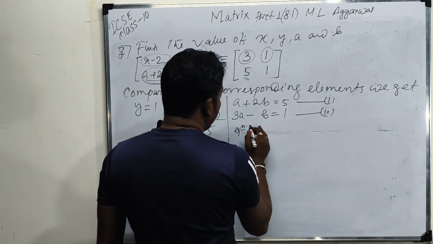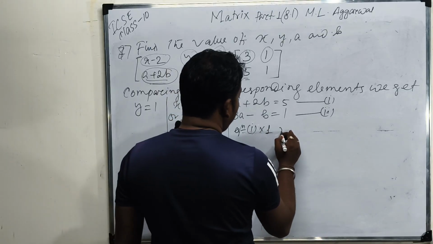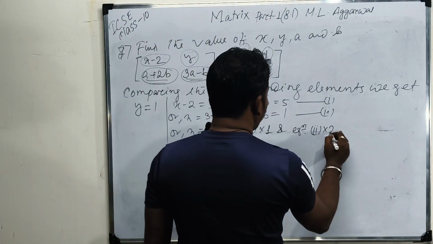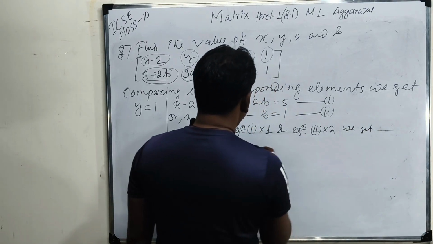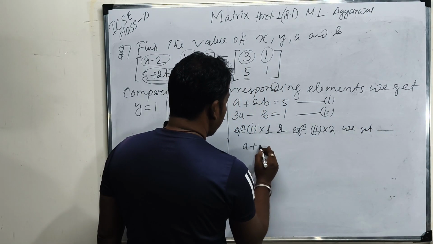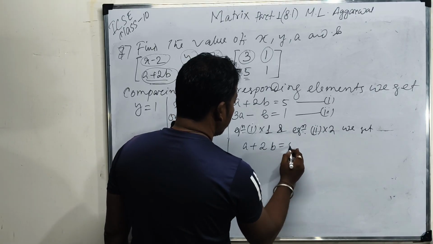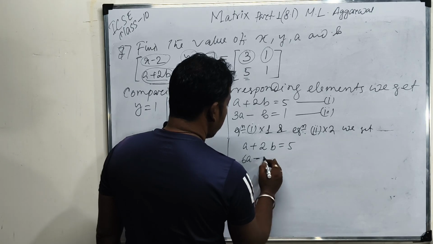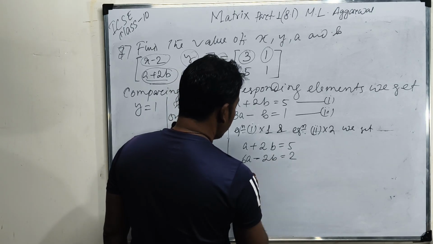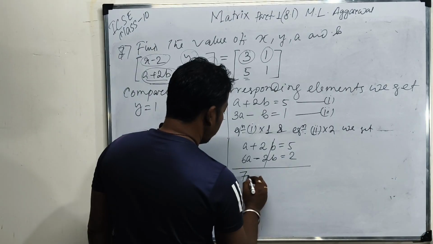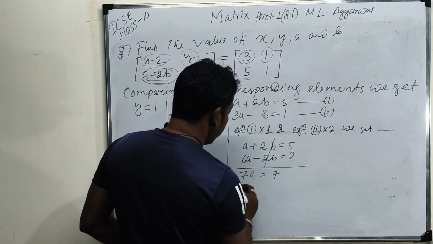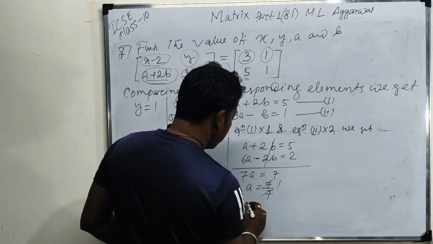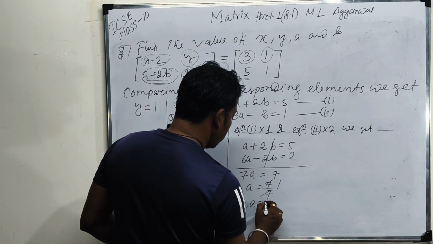Now equation 1 multiplied by 1 and equation 2 multiplied by 2, we get a plus 2b equals 5, and 6a minus 2b equals 2, that is 7a is equal to 7, or a equals 7 by 7, or a equals 1.